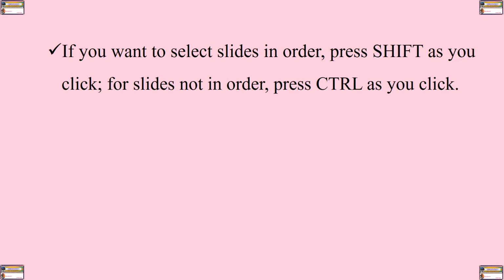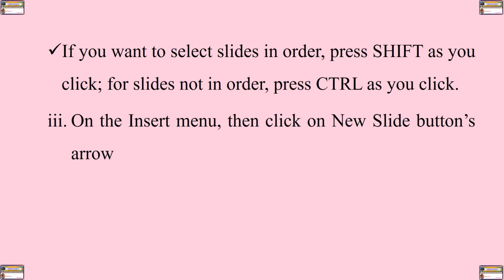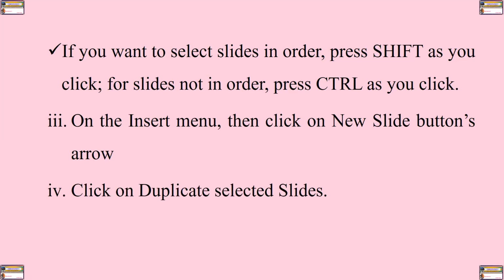For slides not in order, you press the Control key and then you click on each of the slides one at a time. Then on the Insert menu, you click on the New Slide button arrow and click on Duplicate Selected Slides.